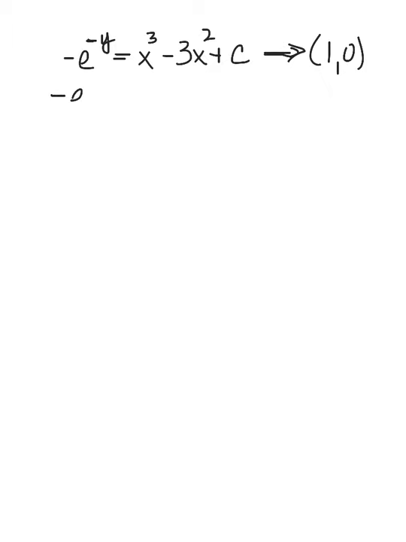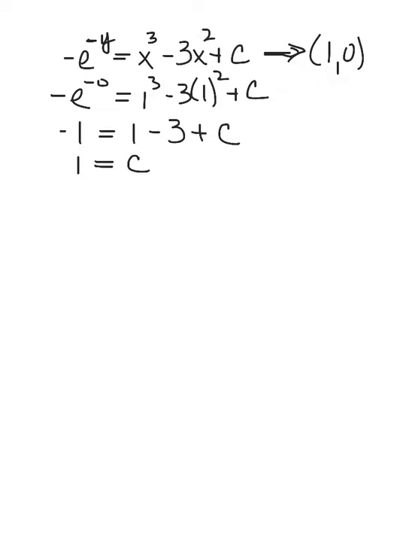I'm going to get negative e to the negative 0, which is really just negative 1, equals 1 cubed minus 3 times 1 squared plus c. Okay, so why don't you stop me and work it out, and we'll see what you get. I have c equals 1.